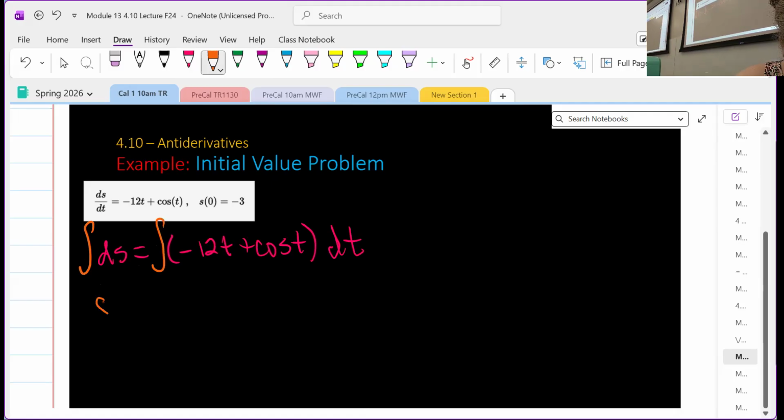So this is now s equals, and now I'm going to do my antiderivative of each piece here. So negative 12 times t will become t squared over 2. I add 1 and then divide by that number, plus sine, because sine's derivative is cosine, so going backwards, cosine's antiderivative is sine. And then, of course, our plus c.